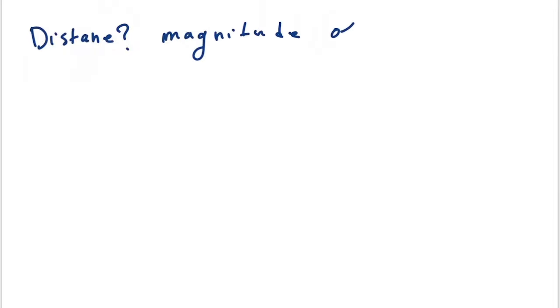But distance, what is distance? Distance is the magnitude of displacement. So distance is a scalar. It does not have a direction.